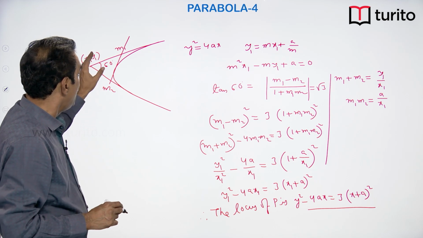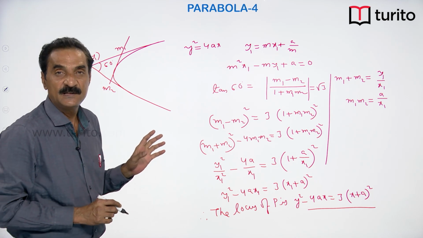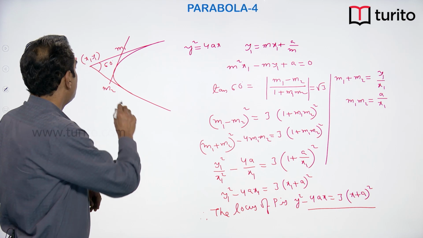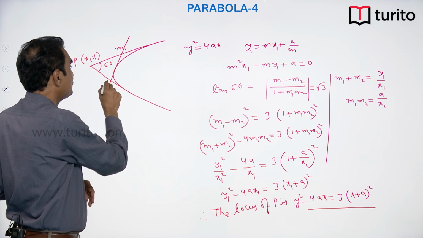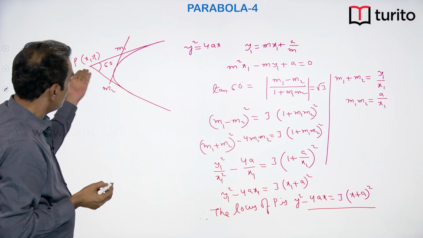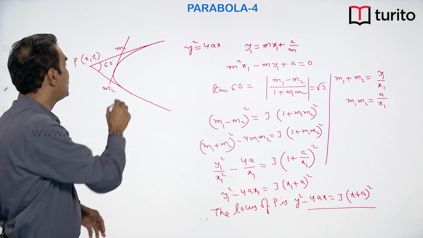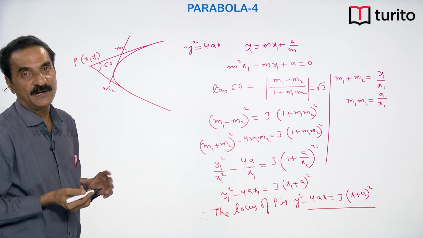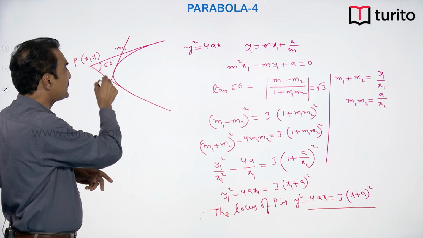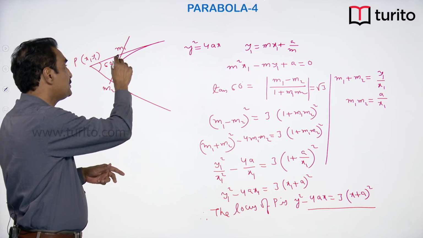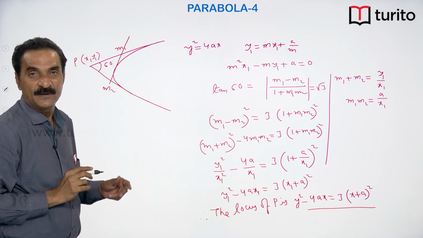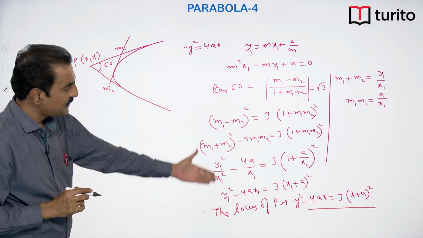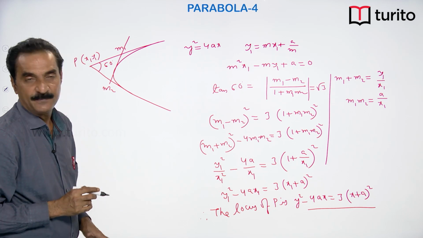And if this circumscribed triangle is equilateral triangle, then what is the locus of these vertices? Then the procedure is same, because the acute angle between any two sides will be 60 degrees. So, you take any one vertex as x1, y1, then the acute angle between the tangents is 60 degrees and follow the same procedure. The answer is same. Okay.